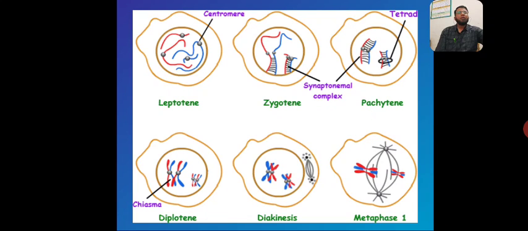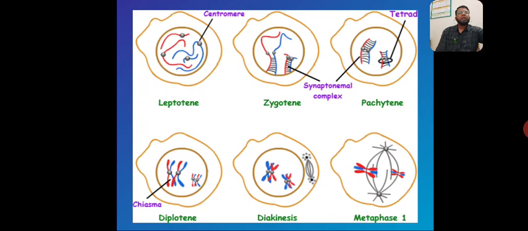A bivalent is formed in the zygotene stage, and this can be compared to a zipper-like fashion, with the upper structure having open chromatids. So this is what the chromosomal appearance looks like in zygotene.